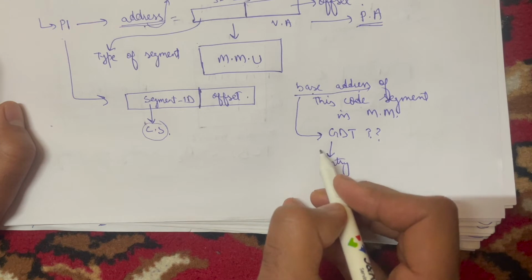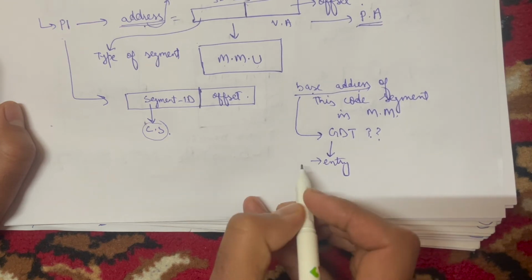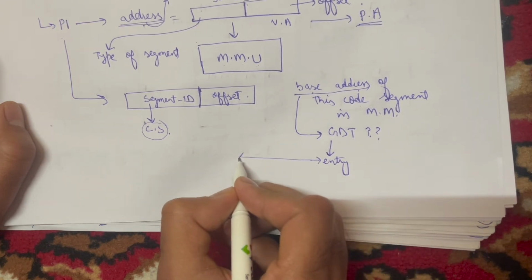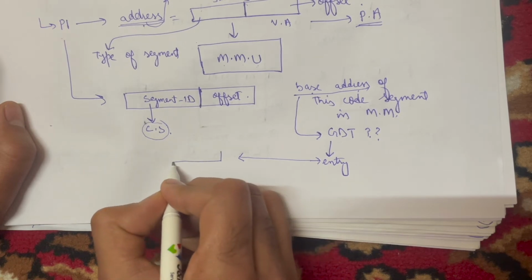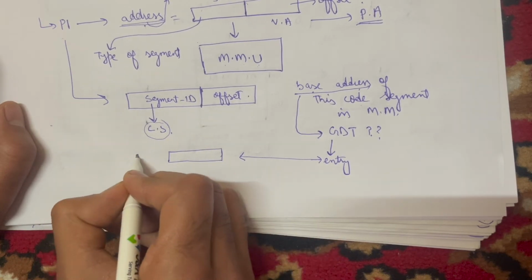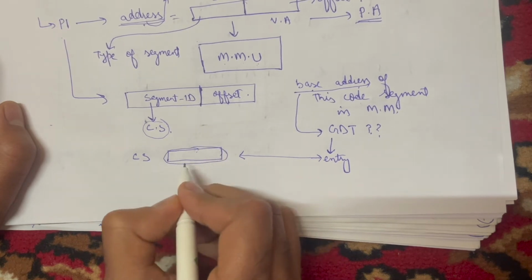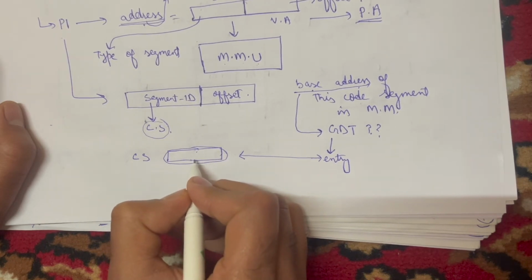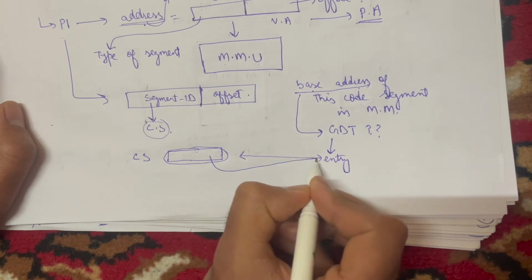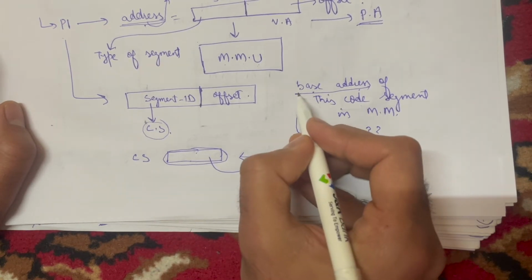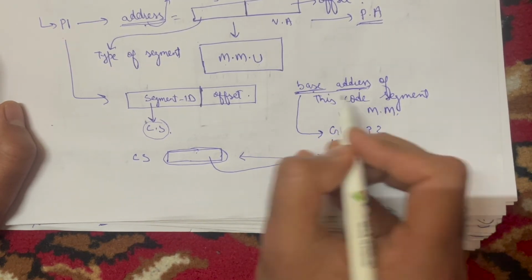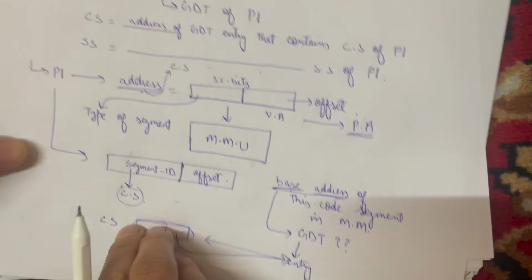And how will I know that particular entry? I will have stored it in a special register called the code segment register. So from this register I will get the GDT address, and from that GDT entry I will get the base and limit. Let me write the complete procedure.